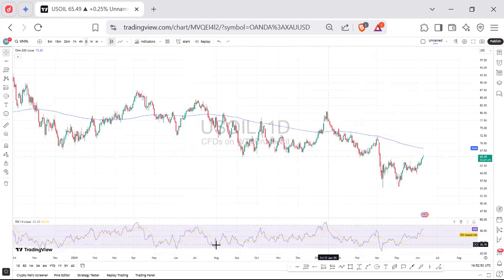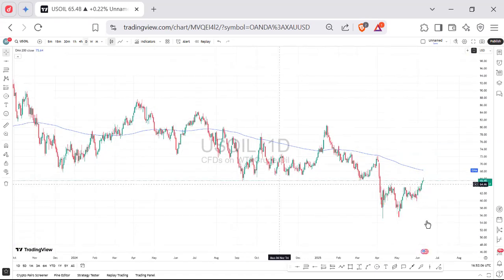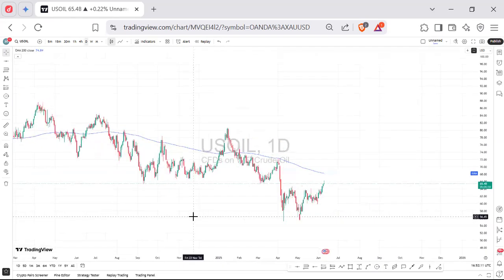And if you check the 14 RSI, it's also telling you that the downtrend is still there, but buyers are still strong. I use RSI to know the momentum of the buyers and the momentum of the sellers.